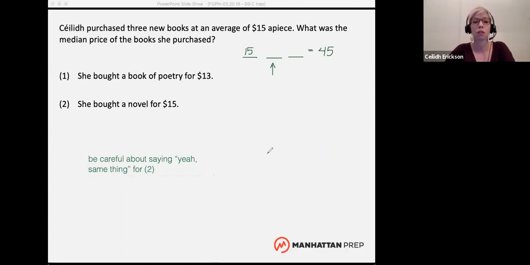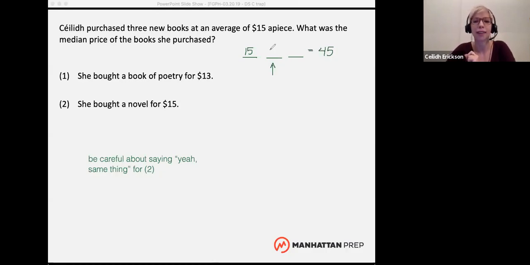Well, we know that we've got to add up to 45. If one term is 15, then the other two terms have to add to what? To 30, right? Well, is there a way to get the other two to add up to 30 and still have 15 be the lowest? Actually, yes.